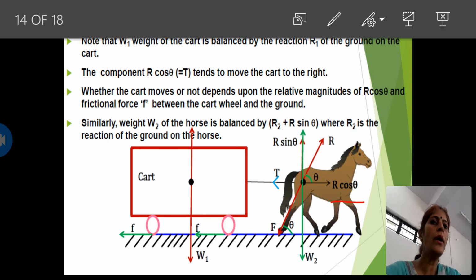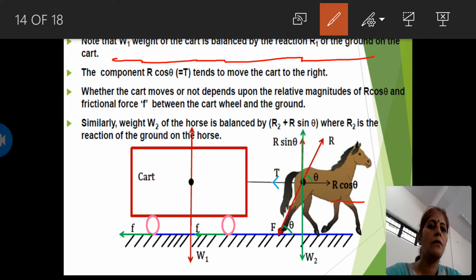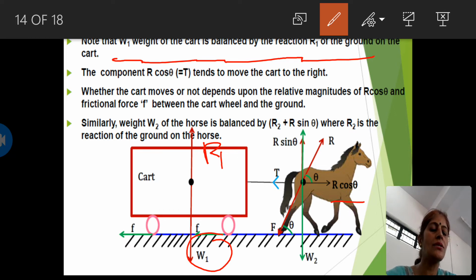Here one point is to be noted that the weight W1 of the cart is balanced by the reaction R1. This W1 is balanced by the reaction R1 of the ground on the cart. The component R cos theta is equal to T tends to move the cart to the right.